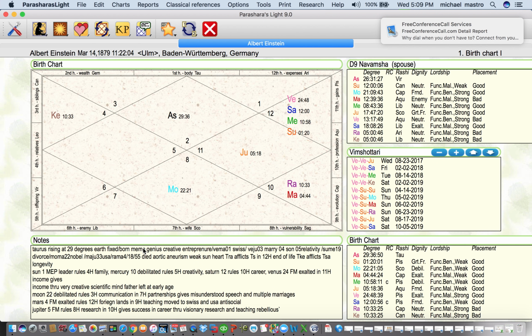Mercury is creativity and genius-like qualities, and he was in a main period of Mercury and a sub-period of Moon. Moon is ruling this house of entrepreneurial success, so that through his genius or creativity, he gained entrepreneurial success. So this kind of sets the tone for his life. And we'll go through the other dasha periods in a few minutes.